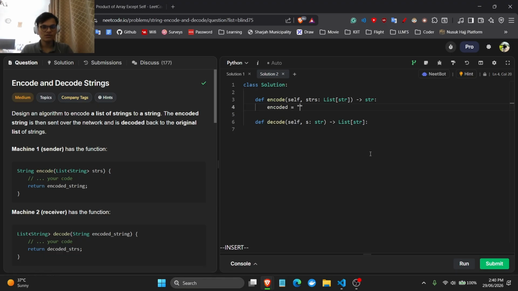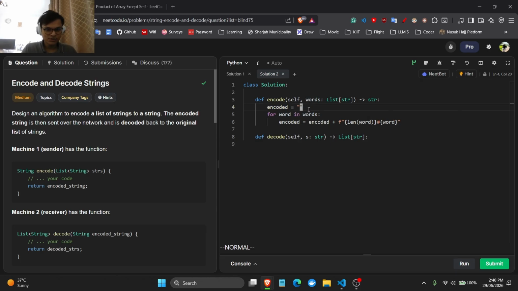Encoded is the string that we will build.